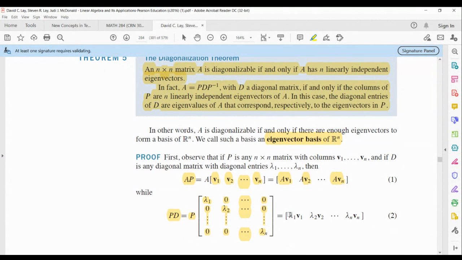And again, from your understanding of matrix multiplication, the matrix P times the matrix D would just equal the matrix whose columns are lambda 1 times V1, lambda 2 times V2, and so forth, up to lambda n times Vn. Okay, so far, are there any questions?